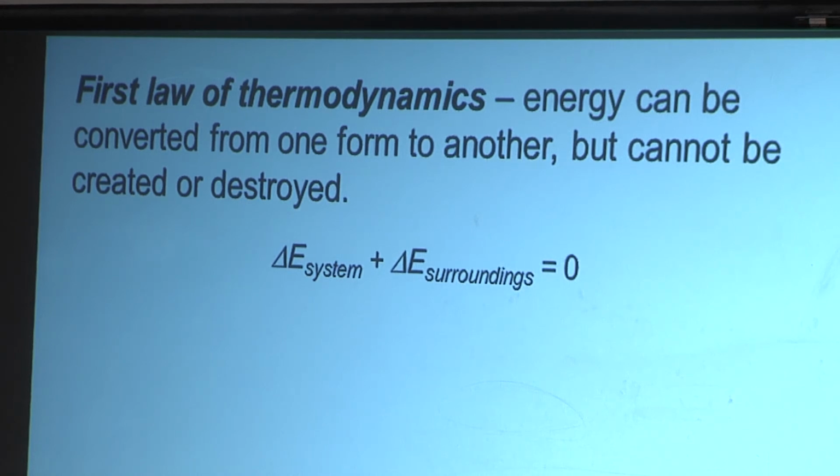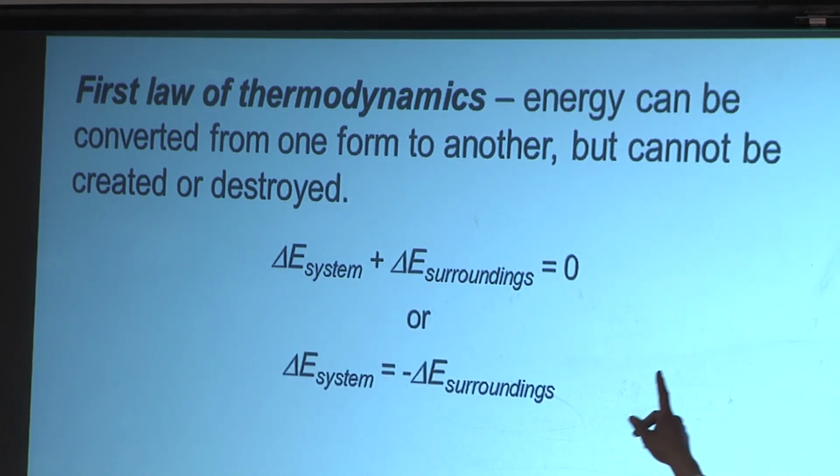Energy is changed from one form to another, but cannot be created or destroyed. So if that's true, then mathematically this is also true: the change in energy of a system equals the negative change of the energy in the surroundings. You can do the subtraction, or you can think about it: if one goes up, the other one must go down.